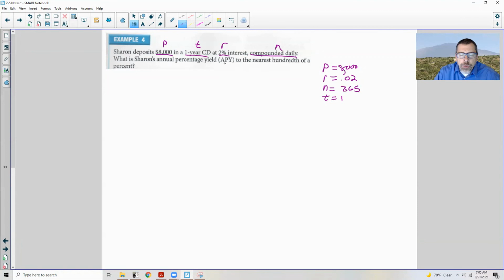Okay, so an annual percentage yield means what percent, what was our yield? In other words, 2% is the interest you're earning, but what did it turn out to be? So the annual percentage yield gives a simple interest rate that would earn the same dollar amount of interest if she began with the same 8,000.